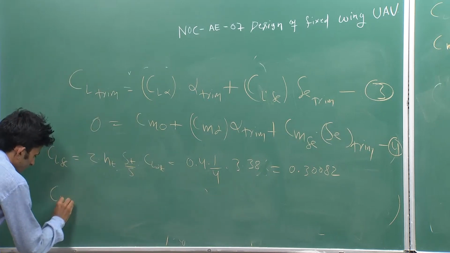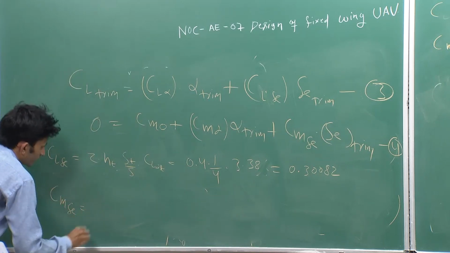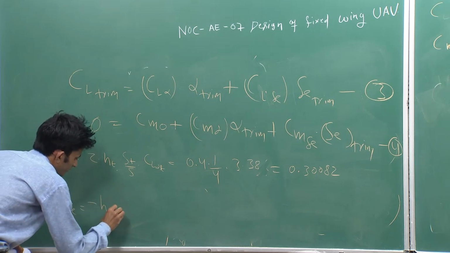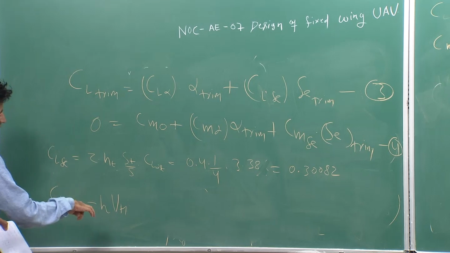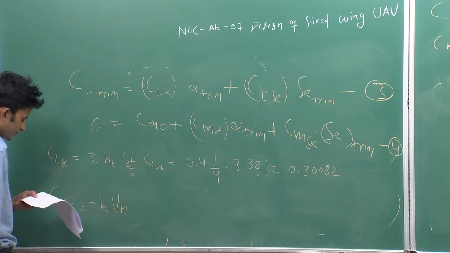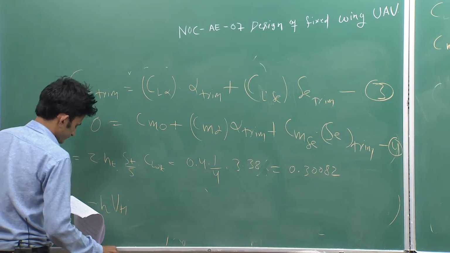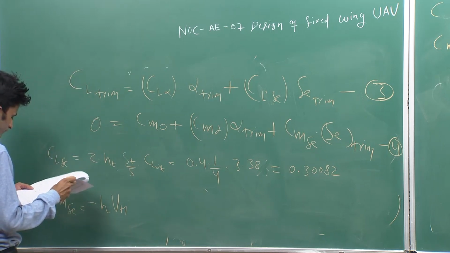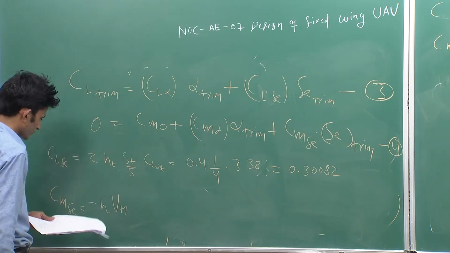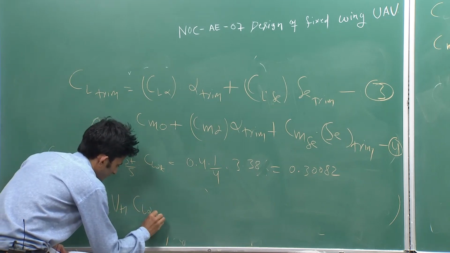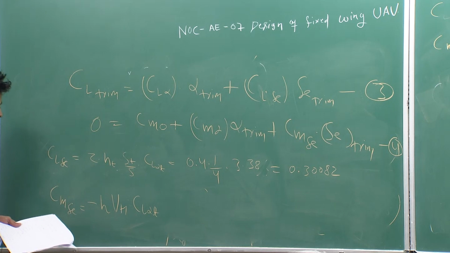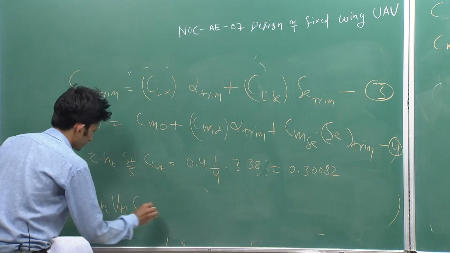Similarly, you can find Cm delta E, the elevator control power. It is minus eta Vh, where Vh is St by S into tail arm divided by C bar, so minus eta Vh CL alpha of the tail, into tau.